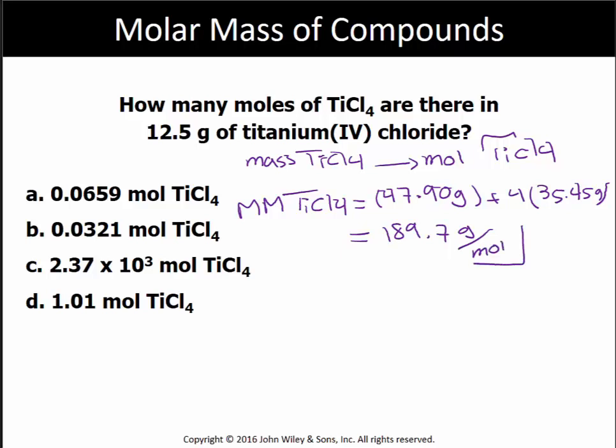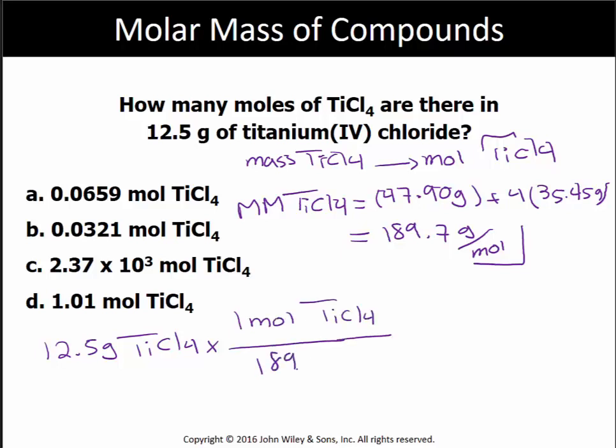So now, to go back to our question, we have 12.5 grams of titanium 4 chloride. We know that each mole of titanium 4 chloride is 189.7 grams of titanium 4 chloride.